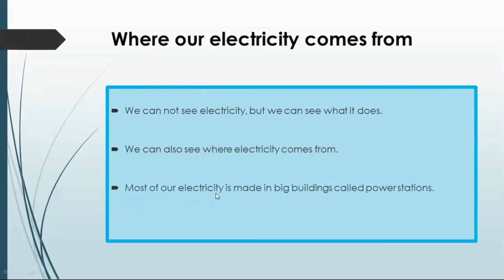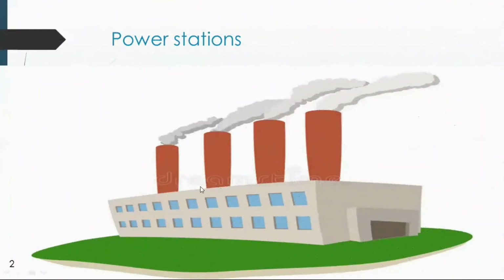Most of our electricity is made in big buildings. These big buildings are called power stations. Now, beta, power stations look like this. In this picture, there is a very big building in front of you, right? In this big building, there are large machines.